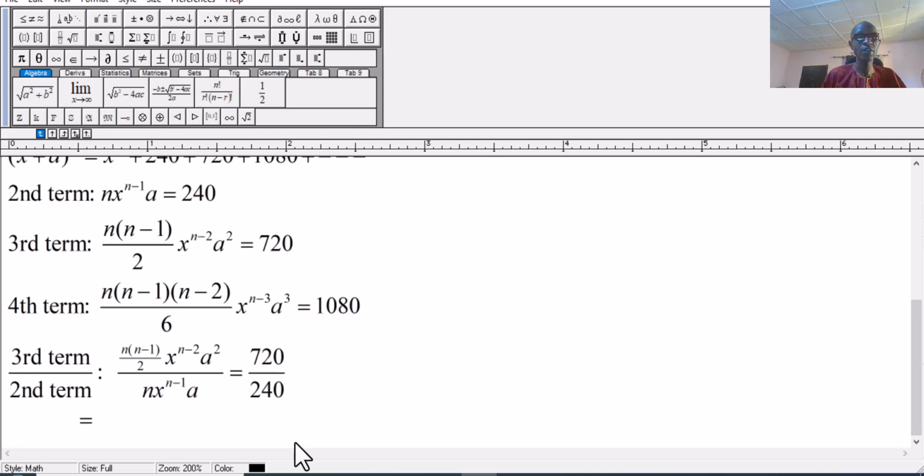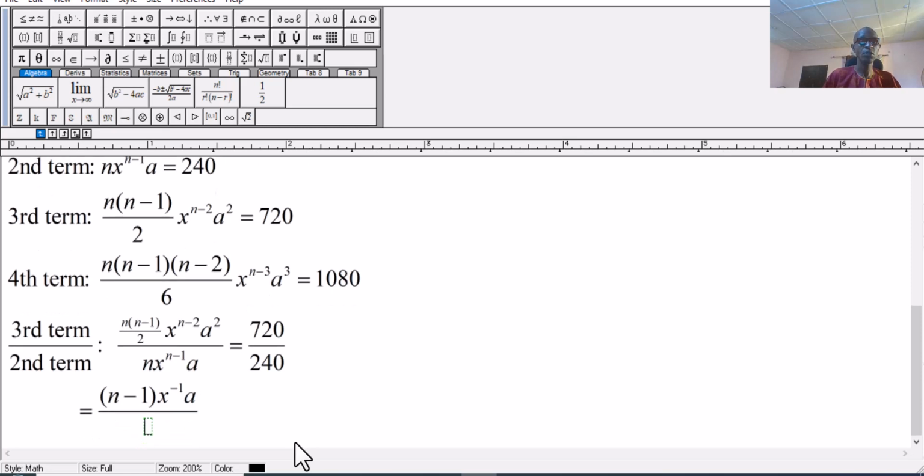If you divide this, n will cancel out. In the numerator you have n minus 1, you have x raised to the power minus 1 using the law of indices, then you have a. You can copy the over 2, that 2 is also important. It is equal to, if you divide that, 3 over 1.